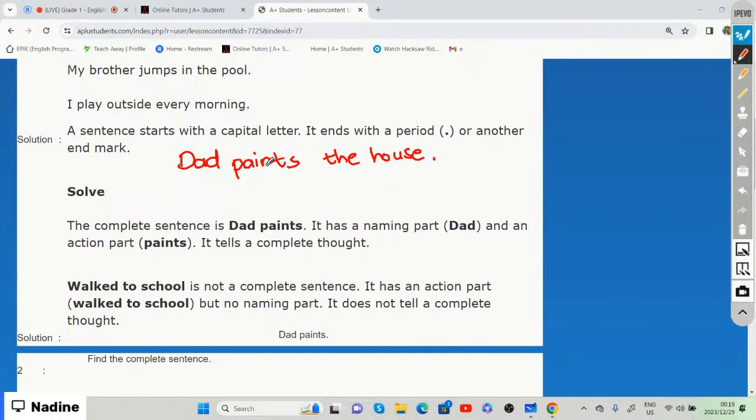Do you think this is a complete sentence, or do you think this is a fragment where it's either missing a subject, missing a naming part, or it's missing an action part? Or do you think this is a complete sentence where it has a naming part as well as an action part?